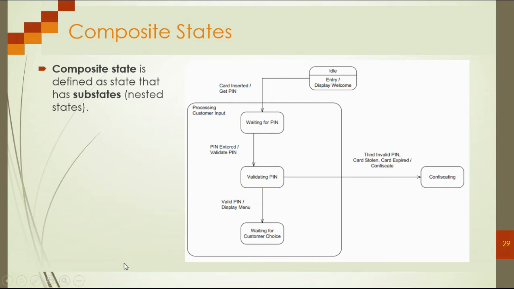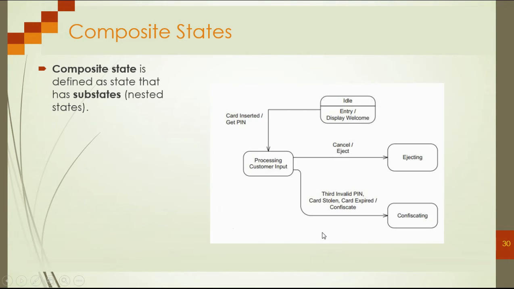We just replace all these substates by the composite state like this. As we say, it is just to simplify the use and the understanding of the state charts. So here we replace the states by the composite state.